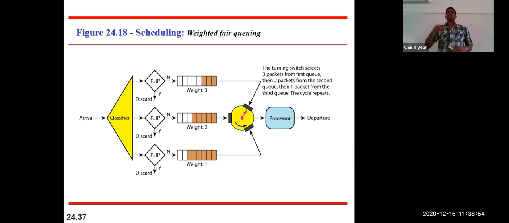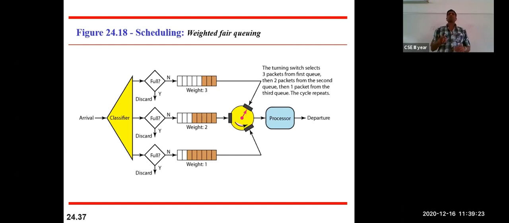Similarly, if the processor executes one packet from the weight 3 queue, and stops, it goes to the weight 2 queue and executes only one packet, not more than one. Again, it goes to the weight 1 queue, executes only one packet, and comes back to the highest weightage.